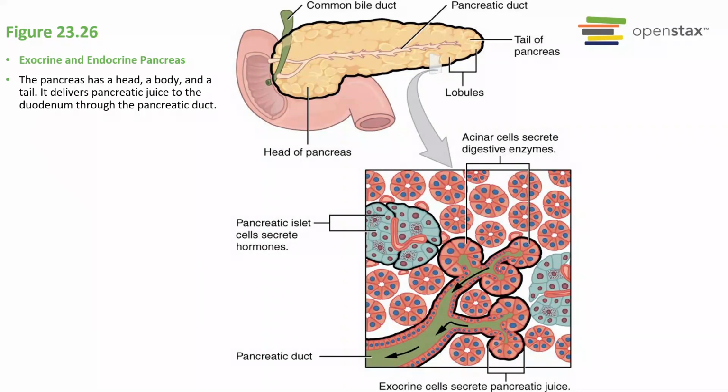The pancreas is responsible for producing enzymes and also bicarbonate-rich pancreatic juices, and it delivers it directly to the small intestine, which is known in particular for both digestion and absorption.